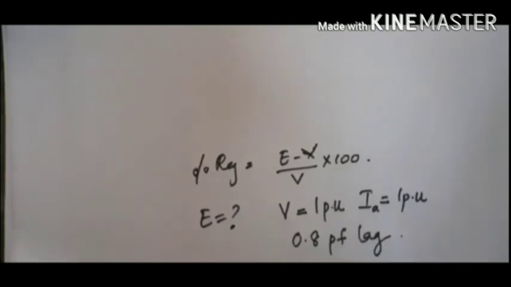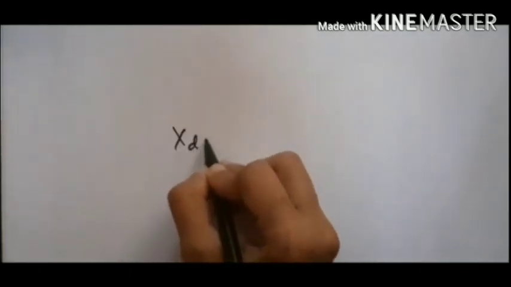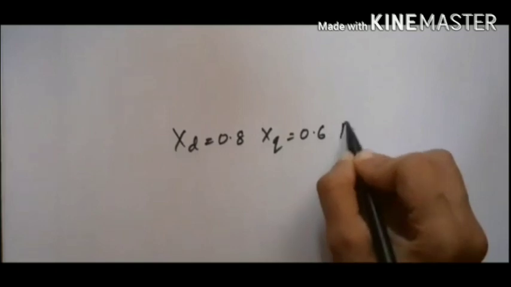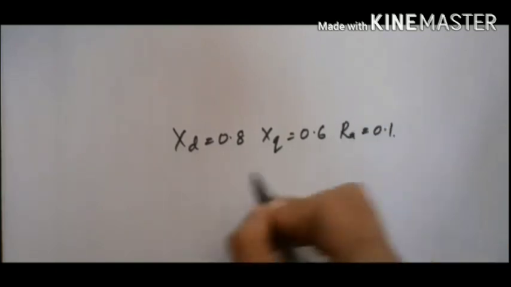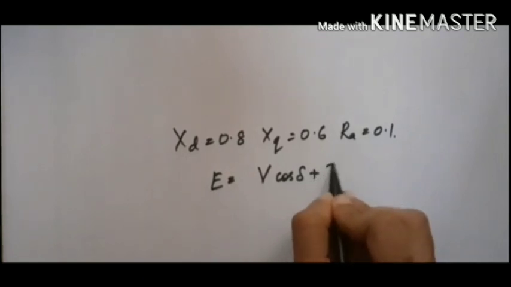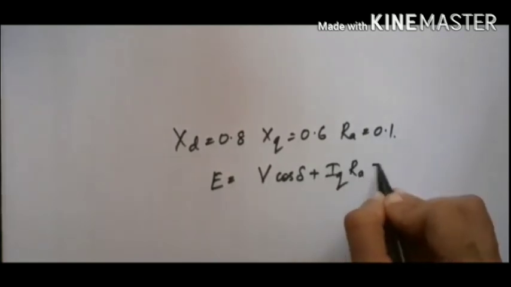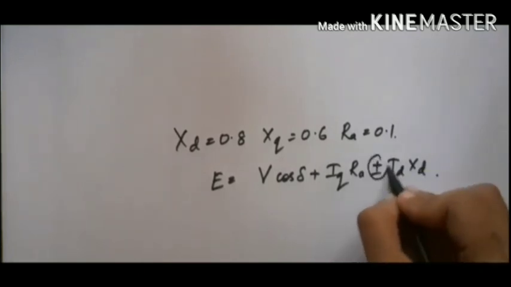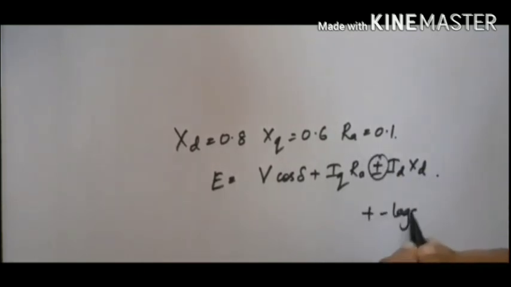We are given that XD is equal to 0.8, XQ is equal to 0.6 and RA is equal to 0.1. The equation to find E is E equals V cos delta plus IQ RA plus or minus ID XD. It will be plus for lagging power factor and minus for leading power factor.